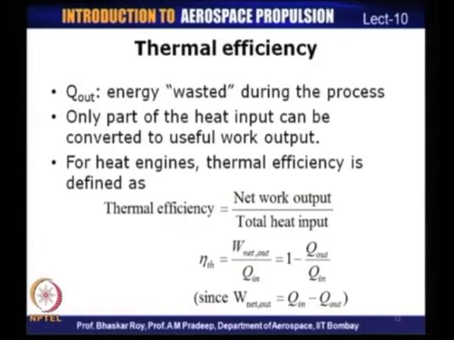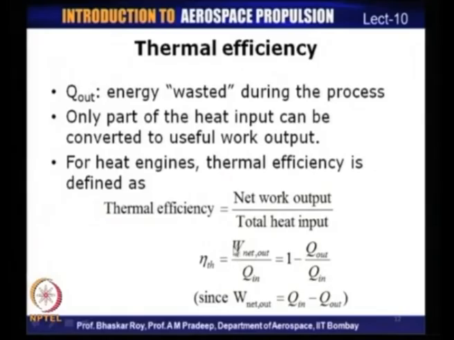So, for heat engines we define thermal efficiency as the net work output divided by total heat input, which is W net out divided by Q in. We normally denote efficiency with the Greek symbol eta, and eta with the subscript th, which denotes thermal. So, eta thermal is equal to W net out divided by Q in.